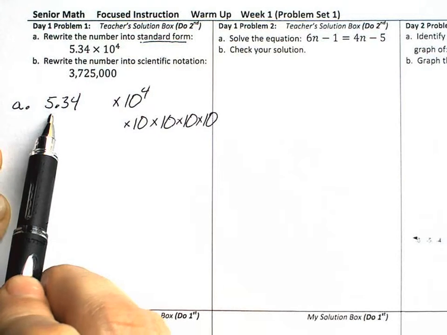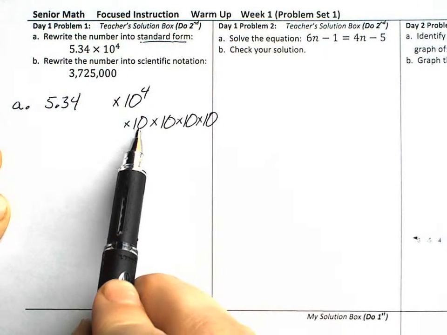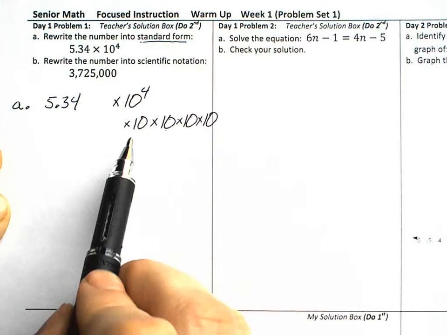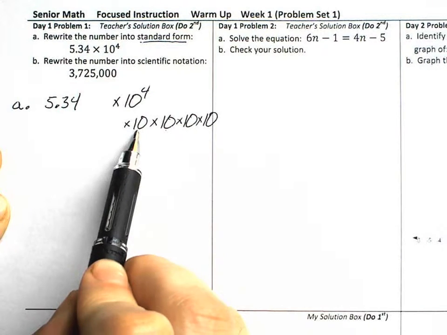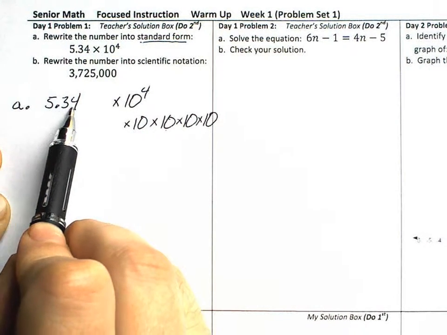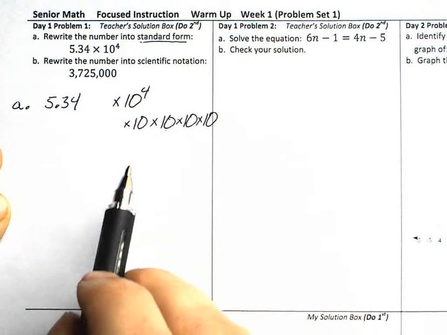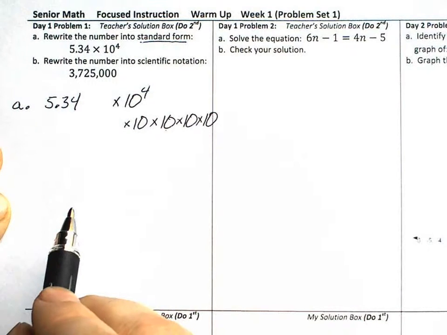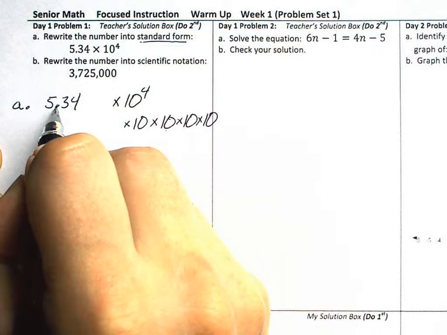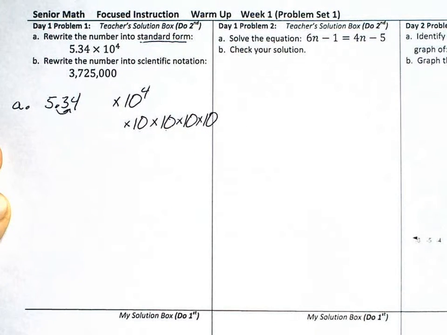So let's think about what's going to happen to a decimal like this if you multiply it by 10 and then 10 again and so on. Multiplying this number by a single 10 would change it from 5.34 to 53.4. A way to think of that is multiplying any decimal number by 10 has the effect of moving the decimal point one position to the right, changing its place value.